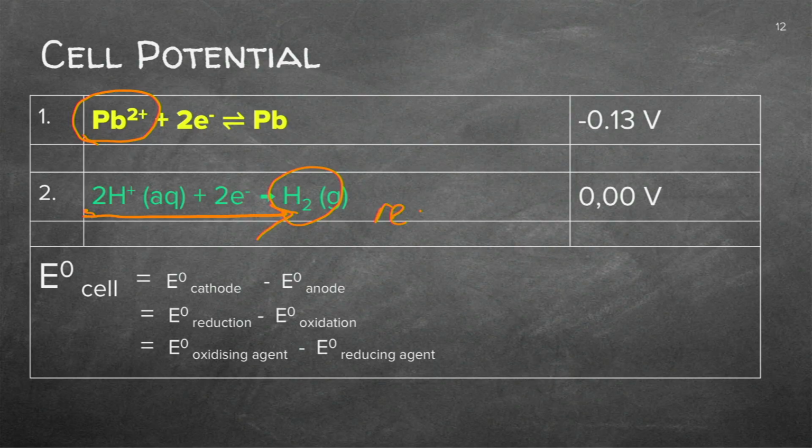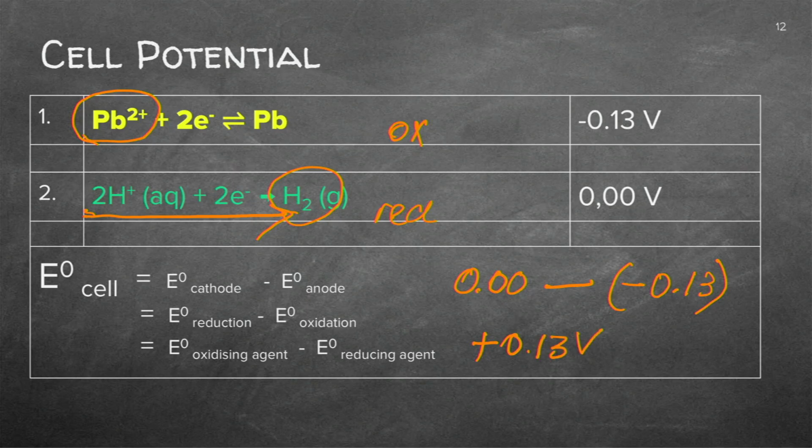That is the reduction half reaction. The oxidation is that side. So I've got the two values. The cathode is now the hydrogen, so it's 0.00 minus the minus 0.13. The answer will thus be plus 0.13 volts. Again, it's spontaneous and it's exothermic.